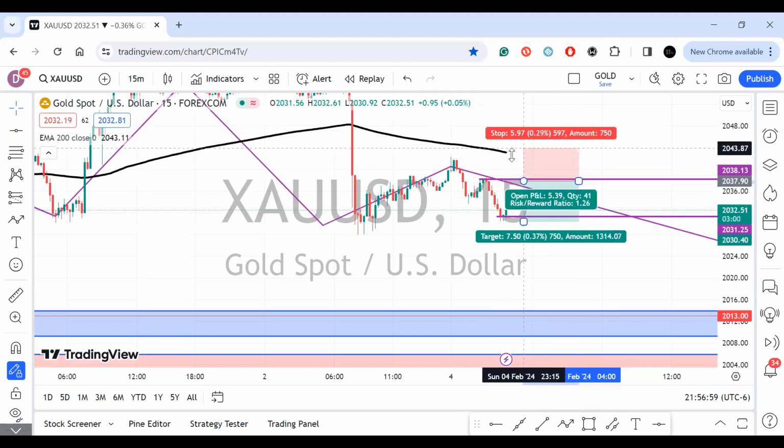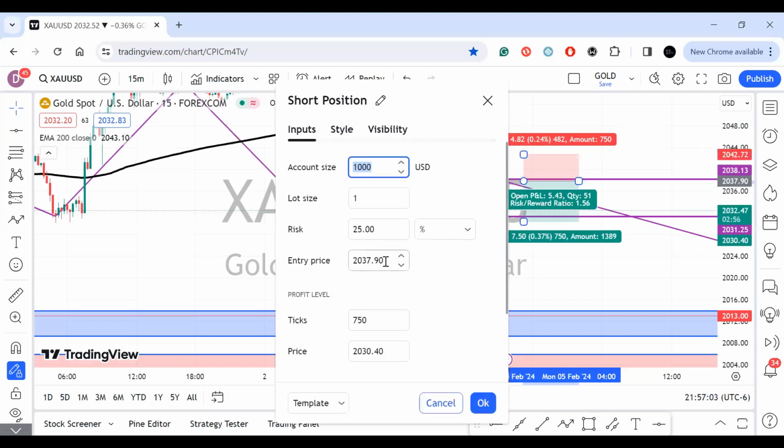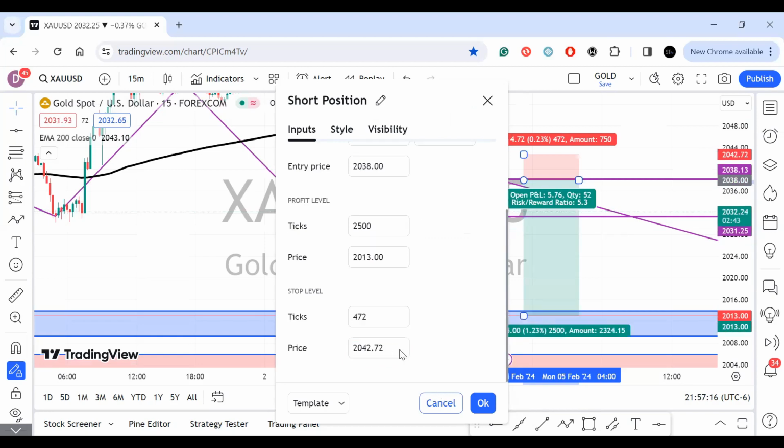So still entry 2038, my take profit is 2013, and my temporary stop loss, because I'm going to update it, is 2042.